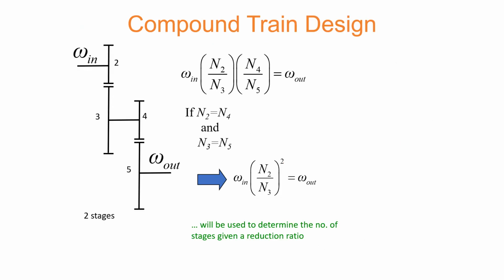At this stage, it would be important for us to understand the design process as well. The designing of compound gear trains would require answers to a few questions: how many stages we would require, how many teeth we may require on the individual gears, and what is going to be the resultant gear ratio.